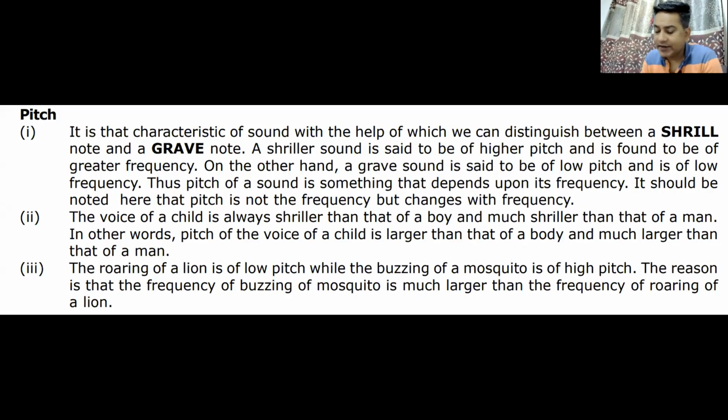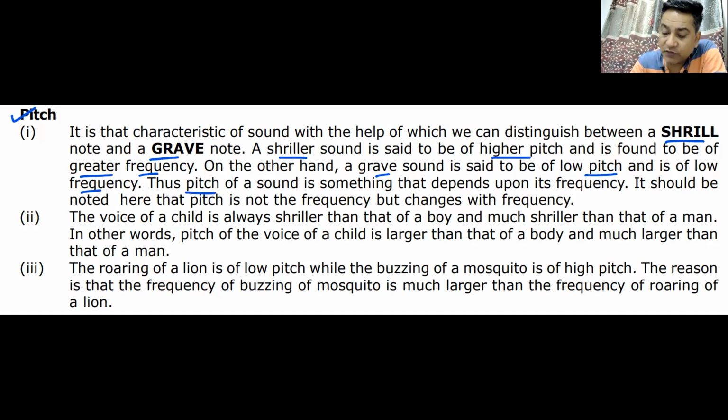Okay, then the next characteristic that we'll have to see is pitch. Now, we somehow confuse pitch, but remember, with the use of pitch, we can distinguish between a shrill and a grave note. A shriller note is a note of higher pitch and it has a higher frequency. A grave sound is of low pitch and low frequency.